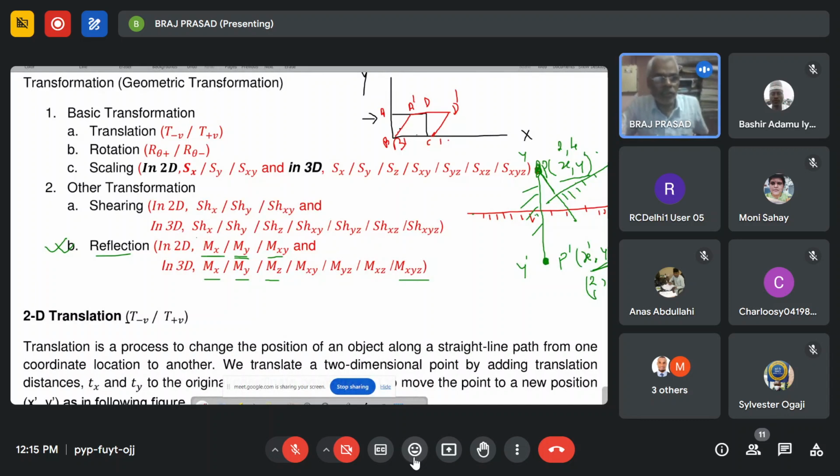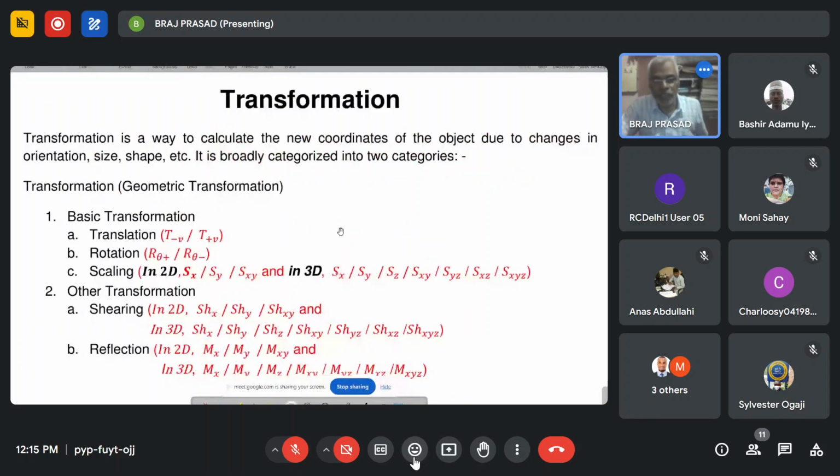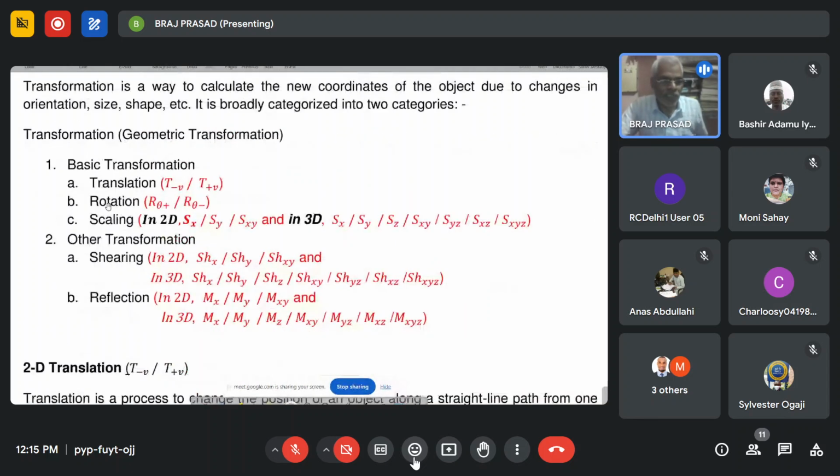So till now we have discussed the different types of transformation and their notation that will be used in our image processing method. So first we will learn what is translation and how we can calculate the coordinate of an object after translation. So transformation in computer graphics or in image processing.